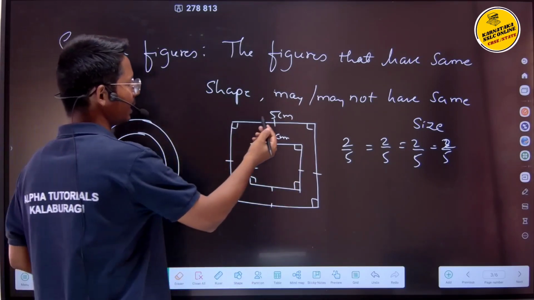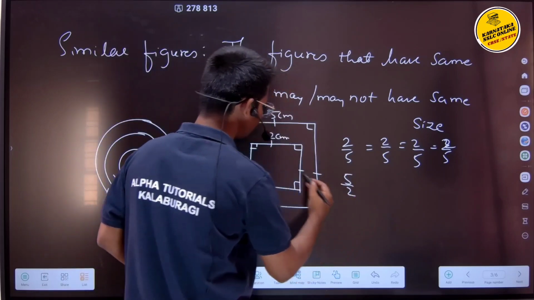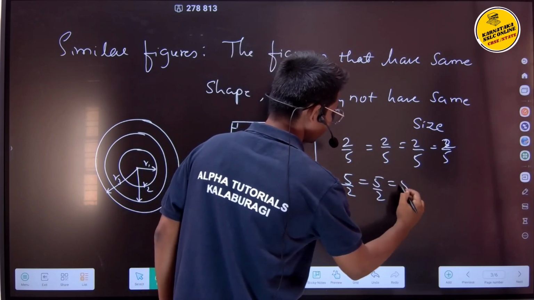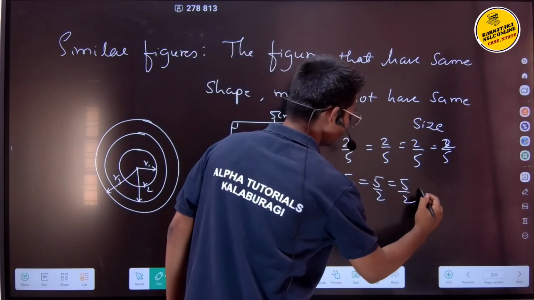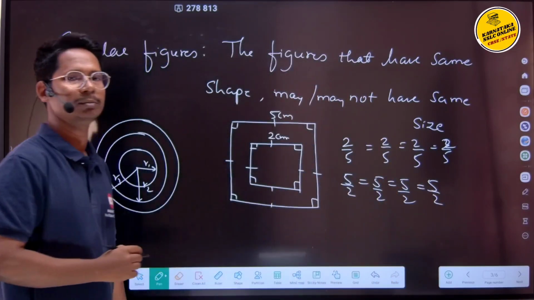Or you can take the larger square by the smaller: the ratio will be 5 by 2 for each side. So the ratio remains the same.